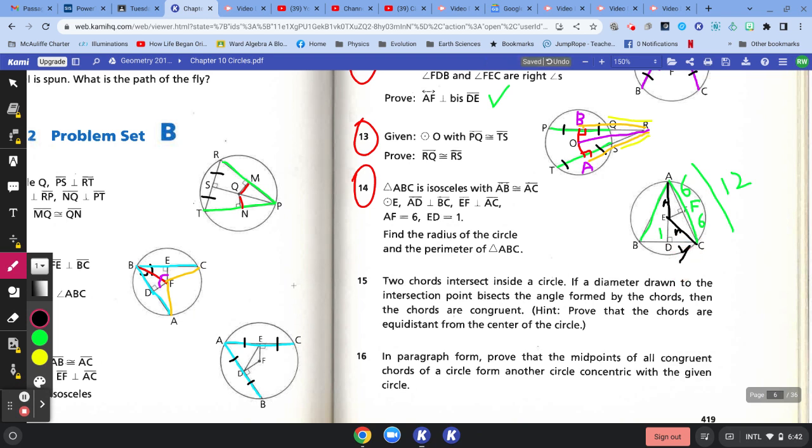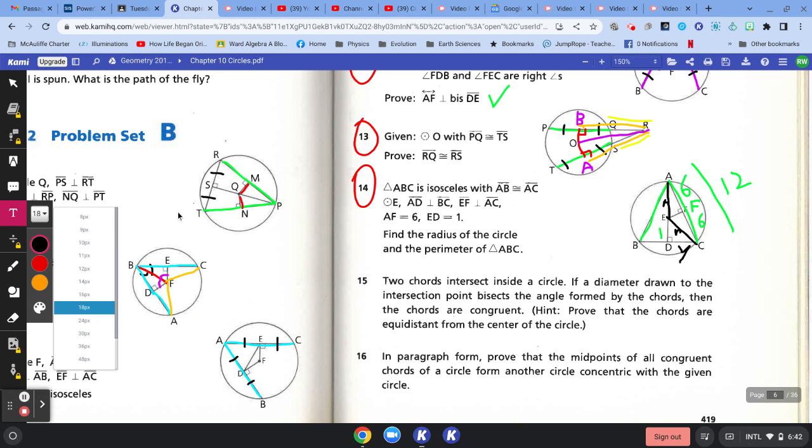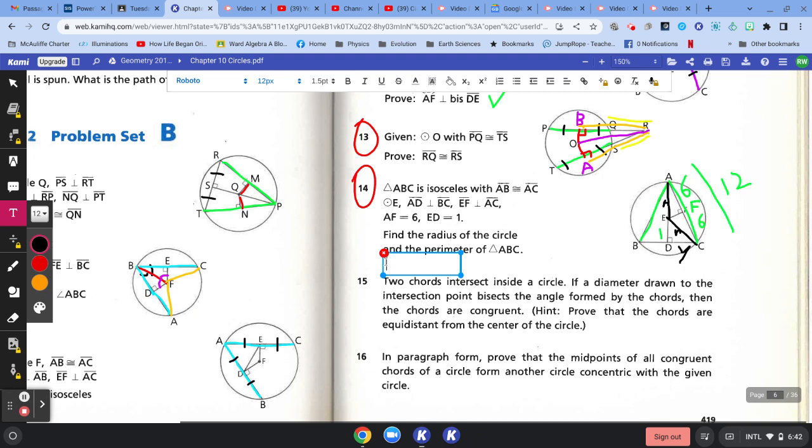Okay. So I'm going to go to text mode because that works a little better for me. So let's drop the point size to something a little smaller. Okay. So here's what we've got. We know that we've got two triangles that we can deal with.